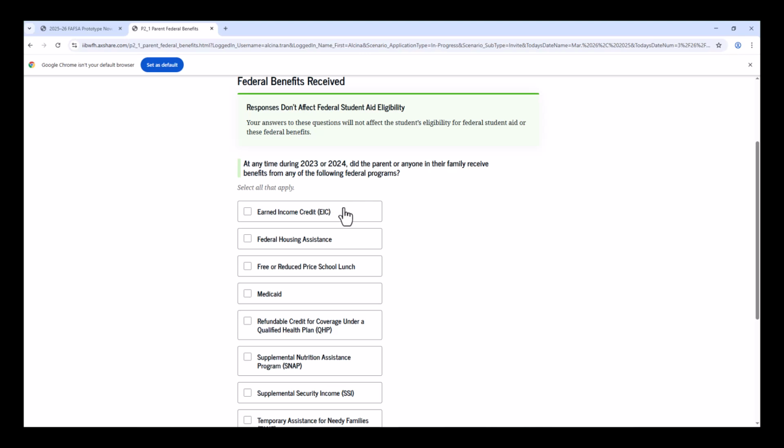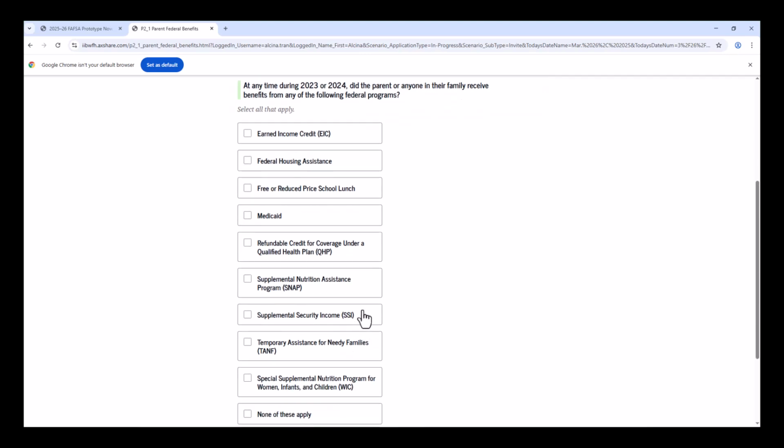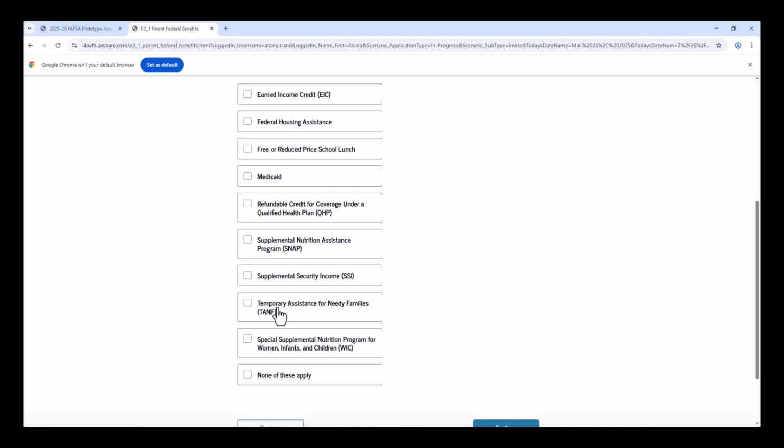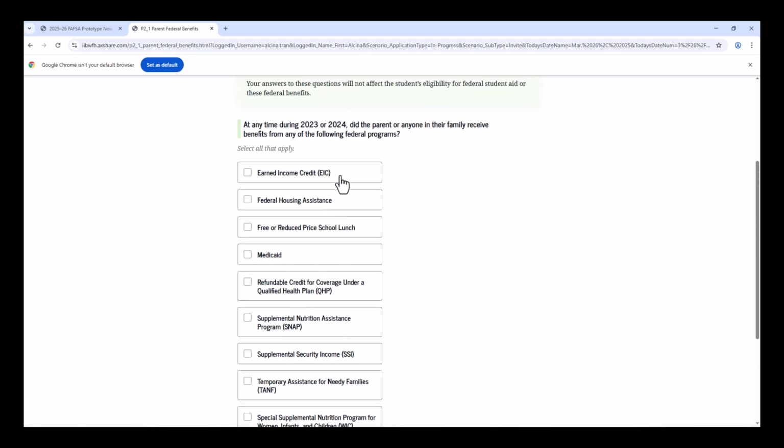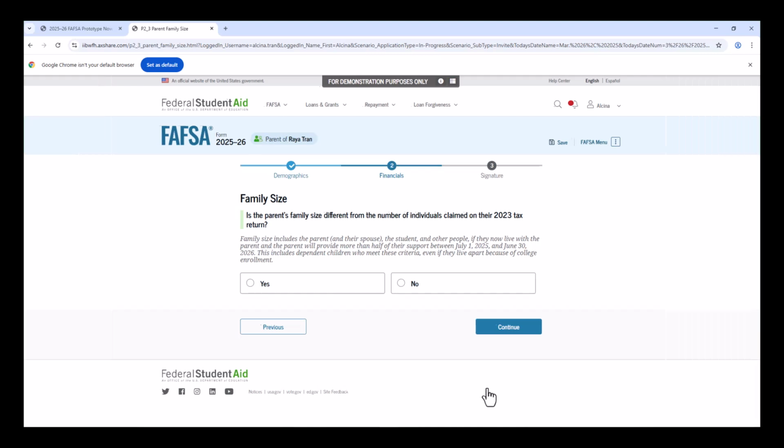So earned income credit, federal housing assistance, free or reduced price school lunch, Medicaid, refundable credit for coverage under a qualified health plan, Supplemental Nutrition Assistance Program or SNAP, SSI or Supplemental Security Income, Temporary Assistance for Needy Families or TANF, and then Special Supplemental Nutrition Program for women, infants, and children or WIC. If you did not, or anyone in your family did not receive any of these benefits, you will select none of these apply and continue on with the form.